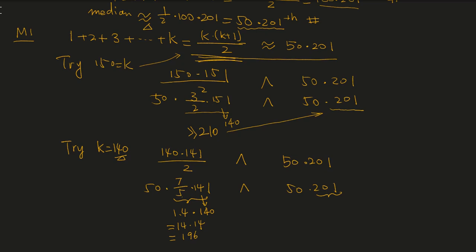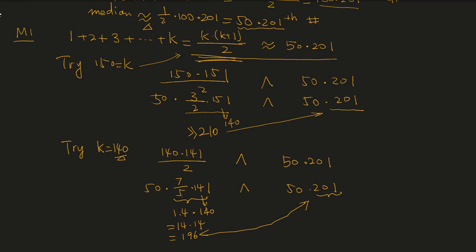Good. So we are comparing 196 with 201. That's pretty good, because 196 is smaller than 201. Therefore, 140 is the lower bound of our legitimate k for the median.